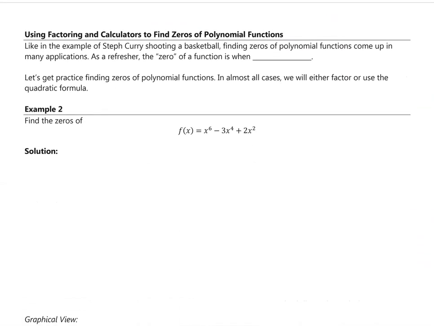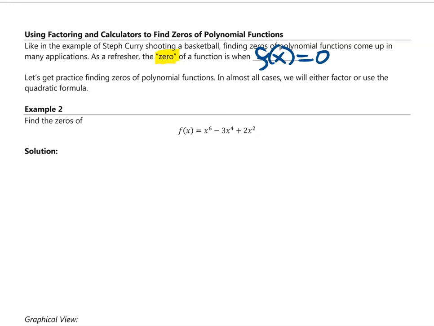All right. Using factoring and calculators to find zeros of polynomial functions. Like the example of Steph Curry shooting a basketball from the other section, finding zeros of polynomial functions comes up in many applications. As a refresher, whenever you see the term zero of a function, it means that is when f of x is equal to 0. Okay, so let's get practice finding zeros of polynomial functions.